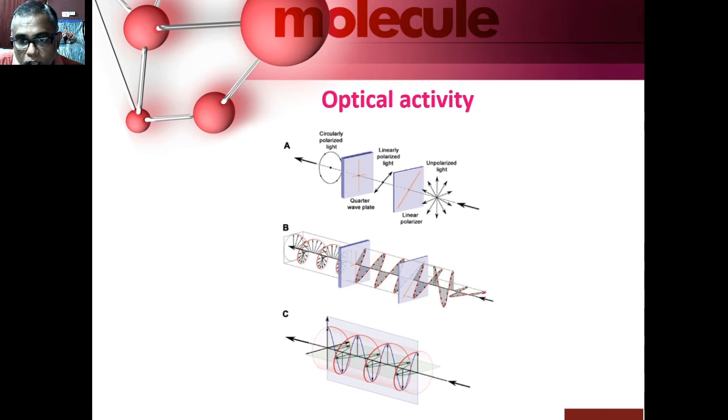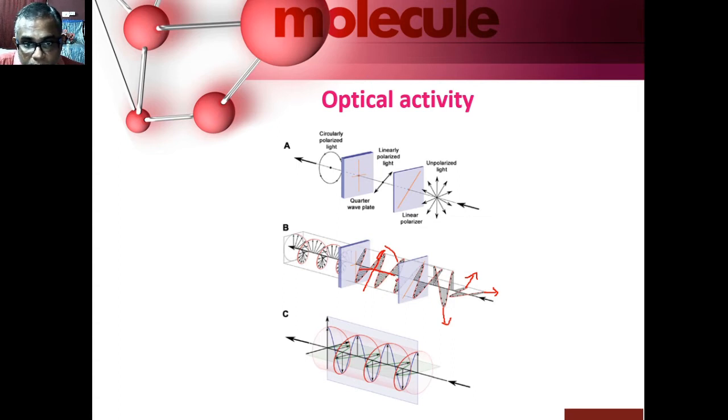You can see at one instance it is propagating in this direction, at another instance in that direction. Now when this ordinary light is passed through a linear polarizer, you can see the direction of propagation of light is restricted to only one plane.